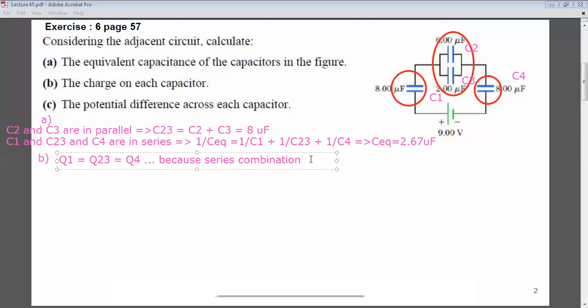So Q1 is equal to the total in the circuit, which is C equivalent times E, which is 2.67 e to the minus 6 times the total voltage, which is 9, and this will give me 2.4 e to the minus 5.